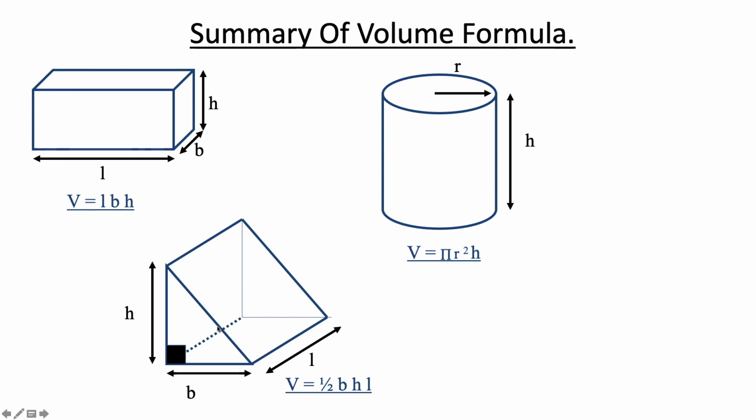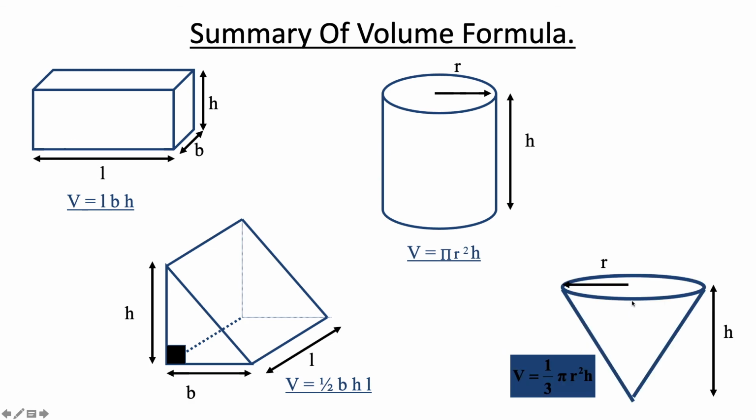For a triangular prism, it will be half base by height, which is the area of a triangle, then multiplied by length, which is that one. And for a cone, it will be 1/3 of the cylinder, and this is the cylinder, this part, and then 1/3 of it. This should be easy for you guys to get free marks here.